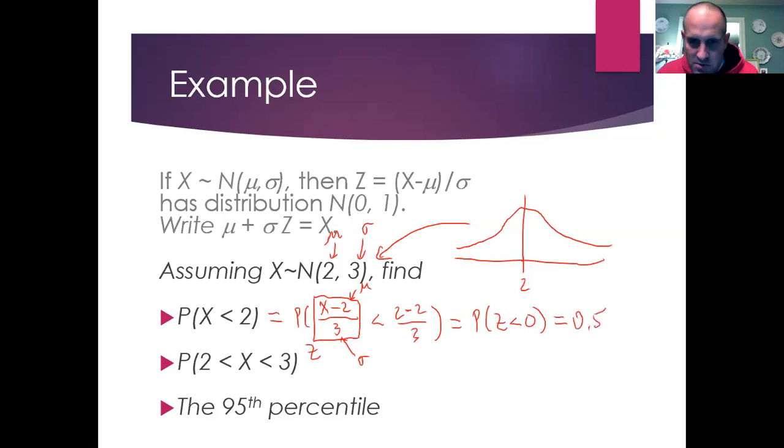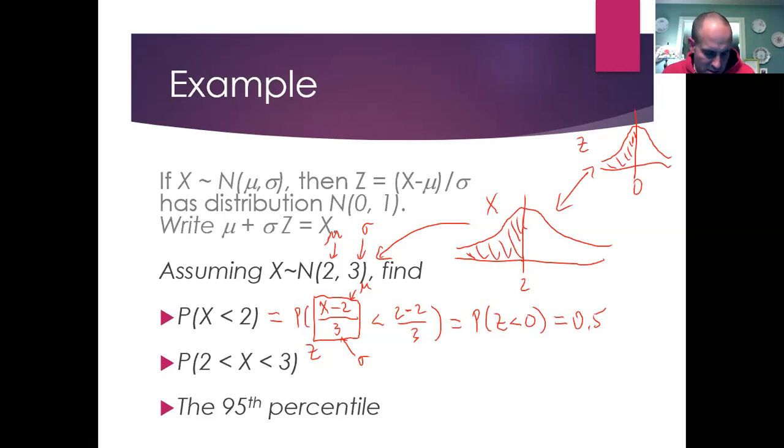We sort of knew that ahead of time, but I just wanted to practice converting everything to z-scores. Whatever I do to one side of the inequality, I have to do to the other. So it kind of makes sense. All we did when we converted is translate this into the z world. So here's the x world, and if you go over to the z world, it looks like this. 0 is right in the middle. That's the relationship between x and z. You can go back and forth.